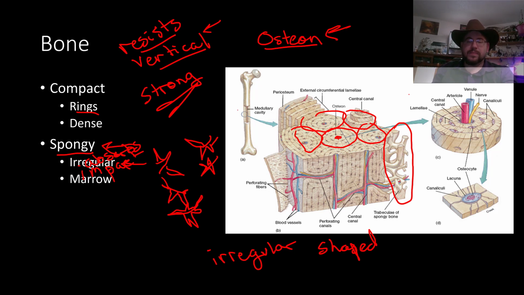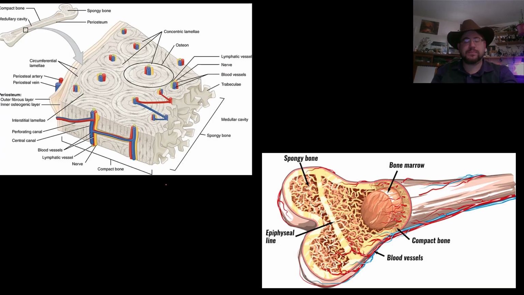At the center of any long bone, you have spongy bone and a cavity, and that's where the bone marrow is. Now, bone marrow is where we find the tissue that produces blood cells. So, very important. And the spongy bone creates a nice protected area where you have that marrow.